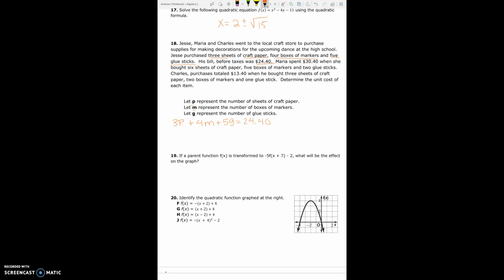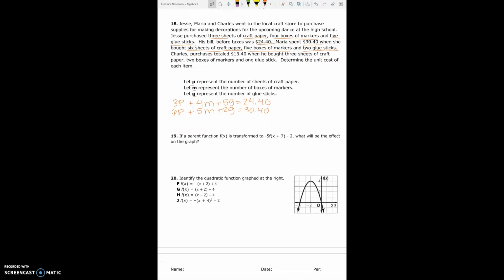Maria spent $30.40, so I know it's going to equal $30.40. And she bought 6 sheets of craft paper, so 6P, 5 boxes of markers, so 5M, and 2 glue sticks, so 2G.